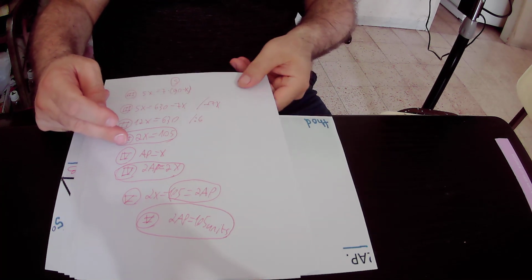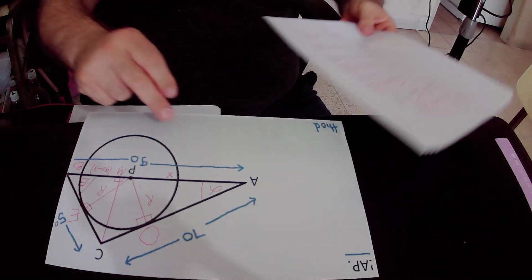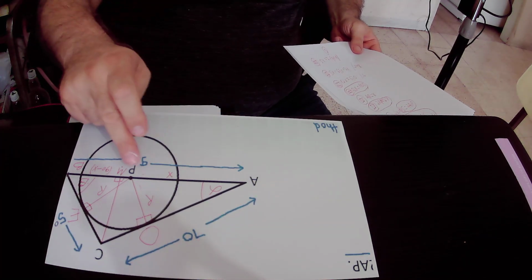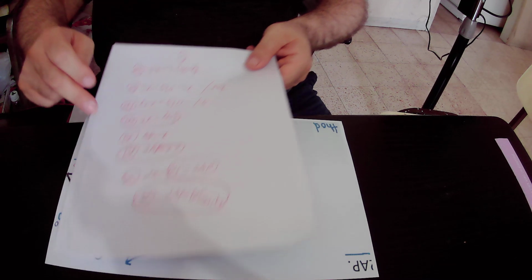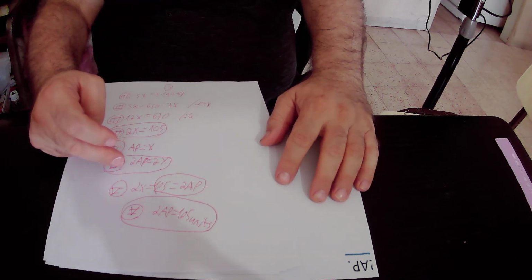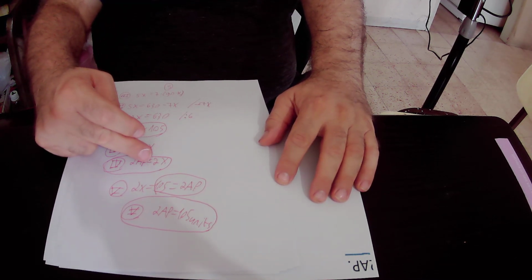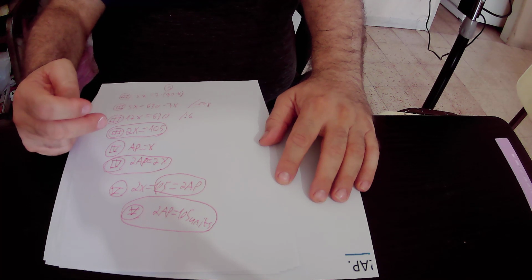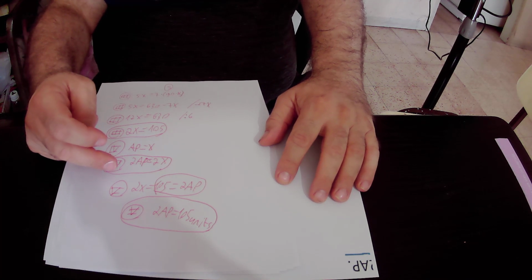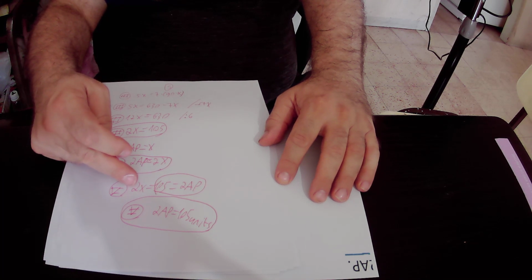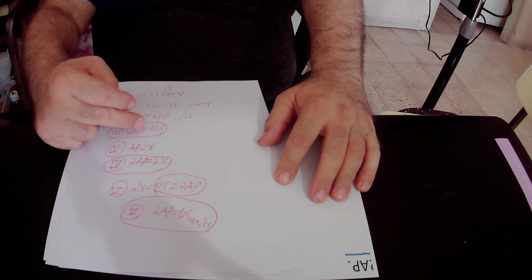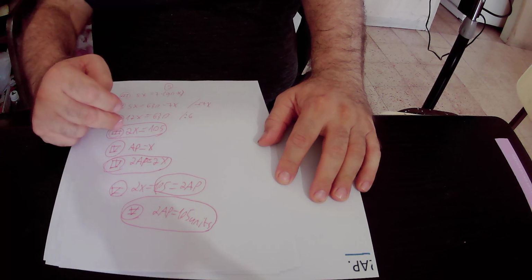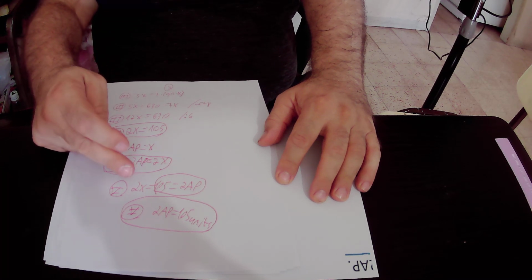From one side, we created the fourth equation, which states that AP equals X according to our definition. If AP equals X, then 2 times AP equals 2 times X. So here we can create the fifth equation for the value of 2 times AP, because 2 times AP equals 105 units from the third equation.